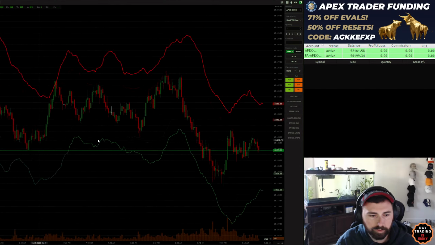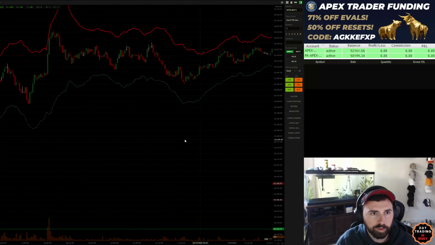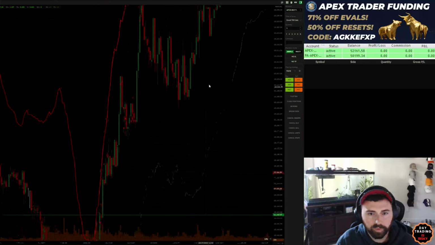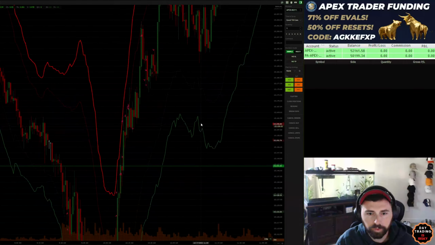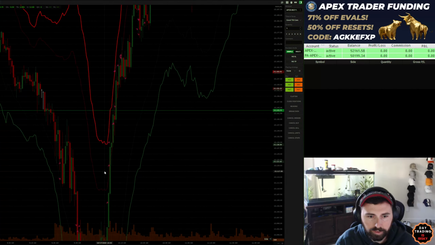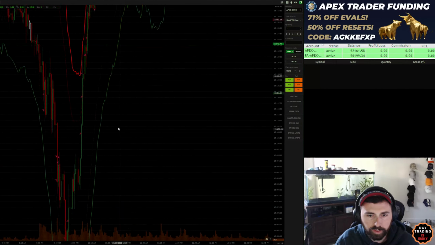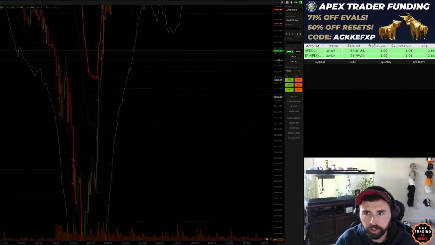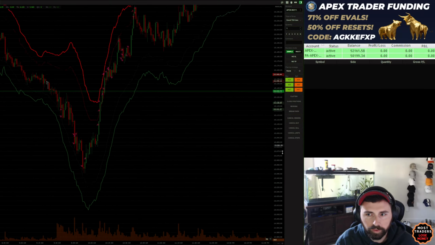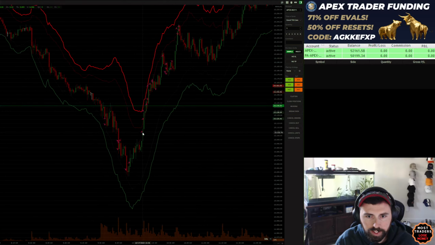Stick with me here. So here's the bad trade that I took right here. I started here, which was not even close to that 2.5, because as it was going up, it would have been somewhere up here.